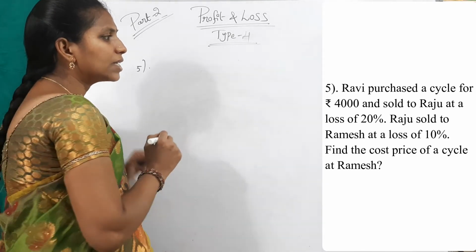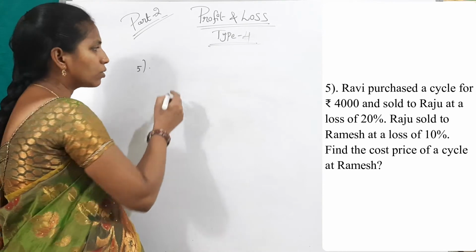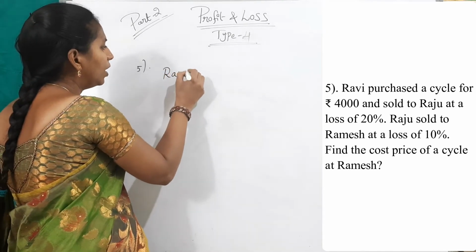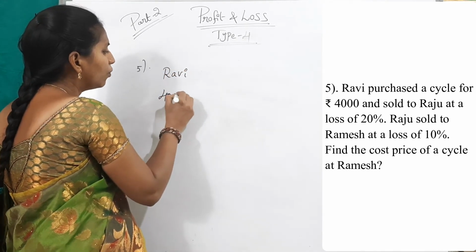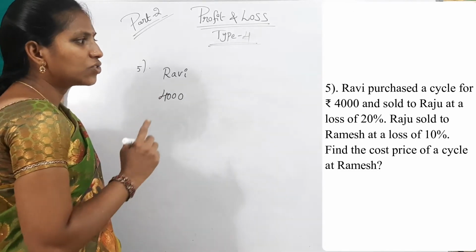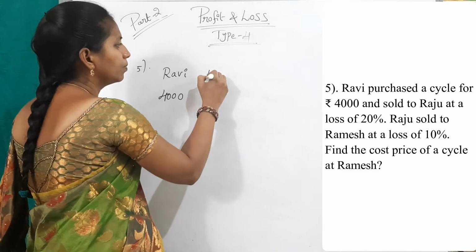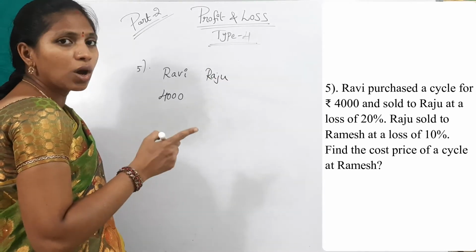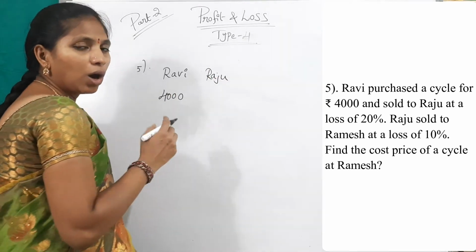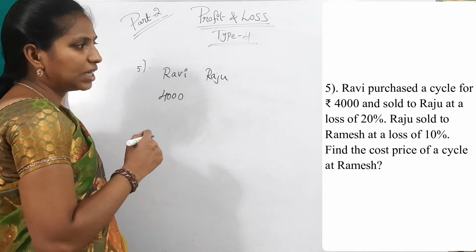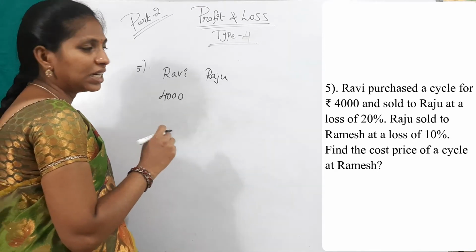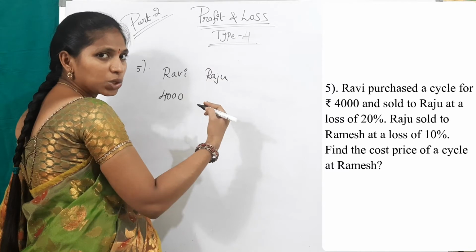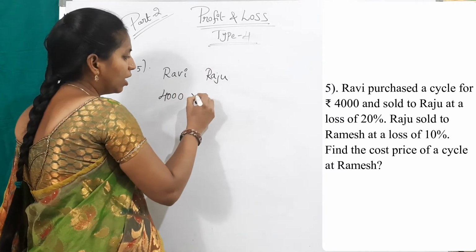Ravi purchased the cycle for 4,000 rupees. Next he sold it to Raju at a loss of 20%. Always cost price is 100%. Here loss is 20%, so 100 minus 20 is 80%.